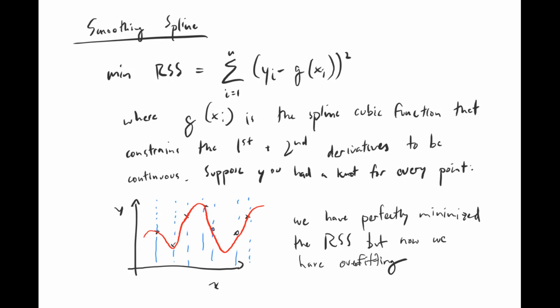Because what those models did was they added flexibility by including all the variables and then adding a penalty term. In this case, we are increasing flexibility by adding a lot of knots. And we can do a very similar type of procedure where we add a penalty term.